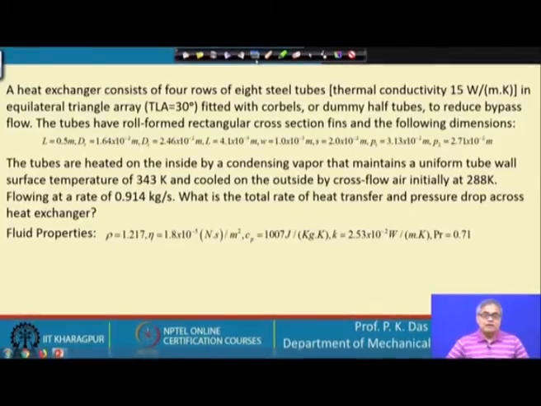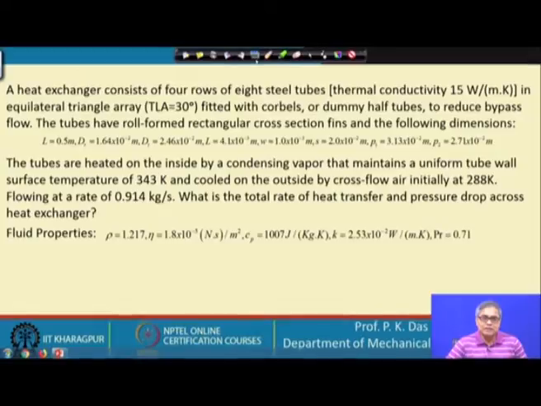Then the tube is heated from inside with the help of condensing steam. Generally, in condensation the heat transfer coefficient is very high.